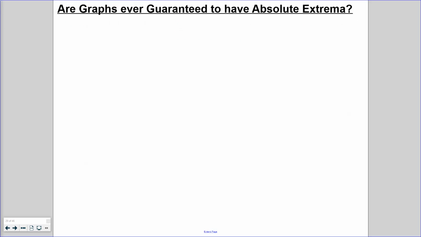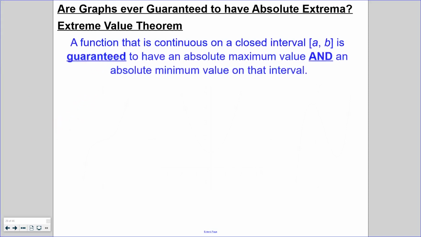All right. So let's talk about the extreme value theorem and what it says about absolute or global extrema. The extreme value theorem says that a function that is continuous on a closed interval [a, b] is guaranteed to have an absolute maximum value and an absolute minimum value on that interval.